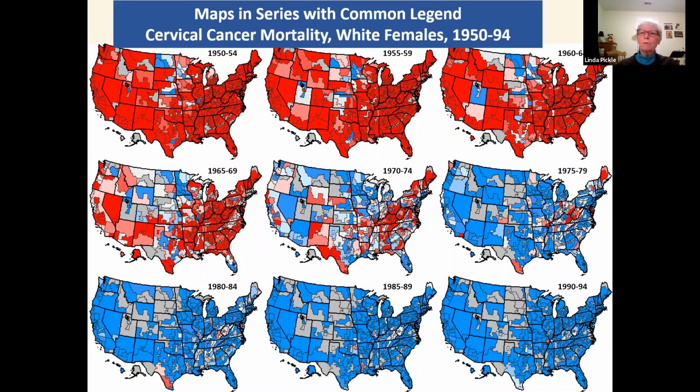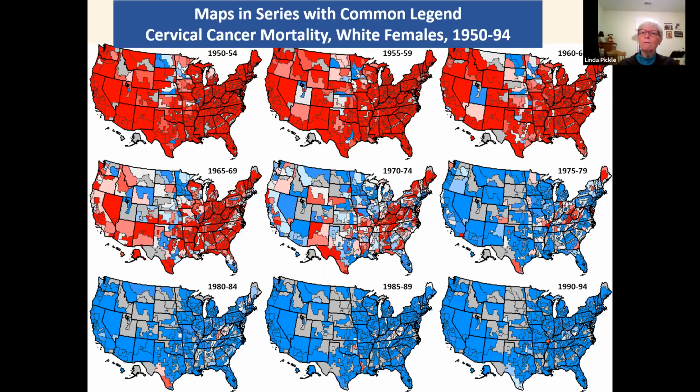The rates dropped a lot from the early 50s to the early 90s, to the point where most of the areas in the earlier maps are shaded by the same color, deep red. And most of the areas in the latest maps are shaded, almost all shaded in the same color, blue. So we have no way of distinguishing within that one color how high or low the rates are.